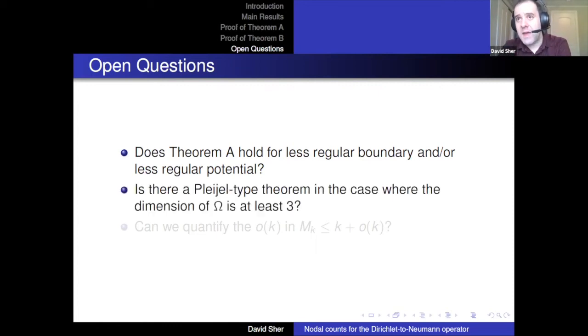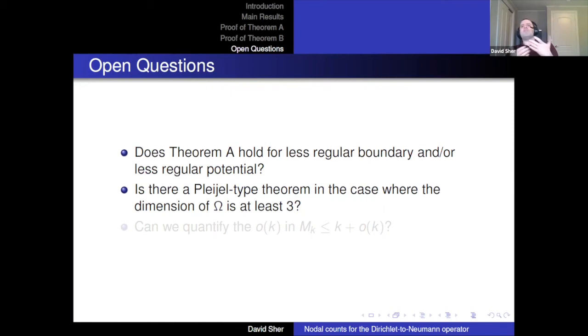So our bound in Theorem A, m_k over k, lim sup, was 1, and we showed that 1 is sharp in the case where you have just a disk. But a disk is kind of special, because the Steklov problem is really a boundary-centric problem, and you're really one dimension lower. Pólya's theorem only holds for dimension greater than 2 for the Laplacian. You can see why it fails in dimension 1, very straightforwardly. So here, maybe we need to restrict the dimension of omega to be at least 3 to have a Pólya-type theorem.